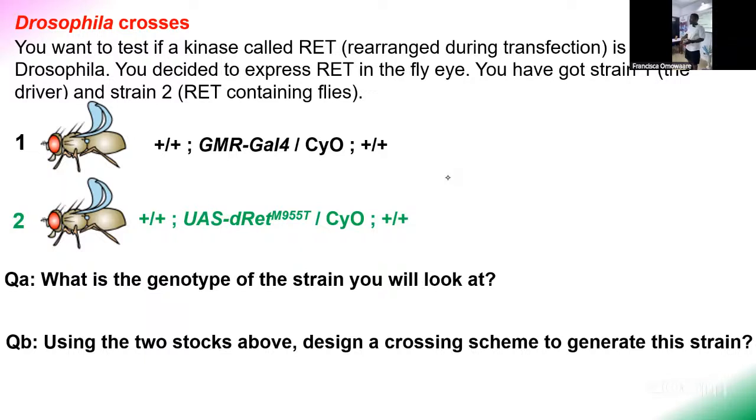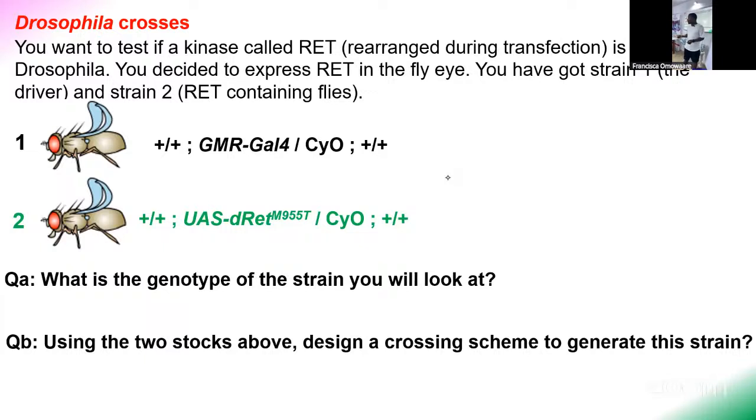Once you're ready for your experiment, let's say you want to test the effects of a compound, you cross them together, and this progeny is what you're going to be looking at. So how will you design a crossing scheme for that? This is quite straightforward because you can use either male or female.